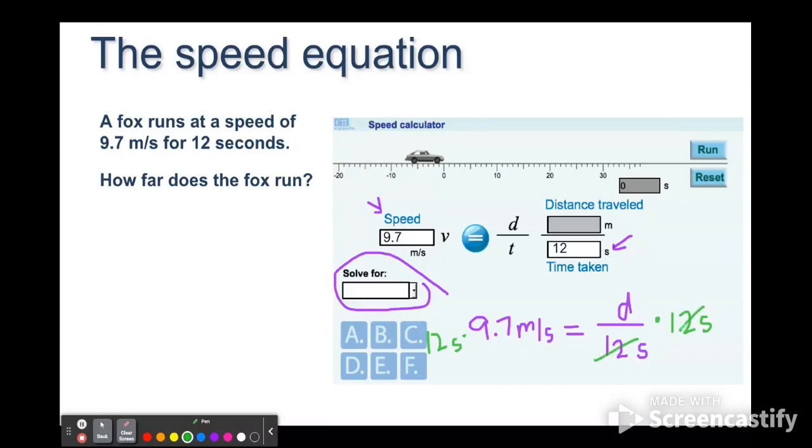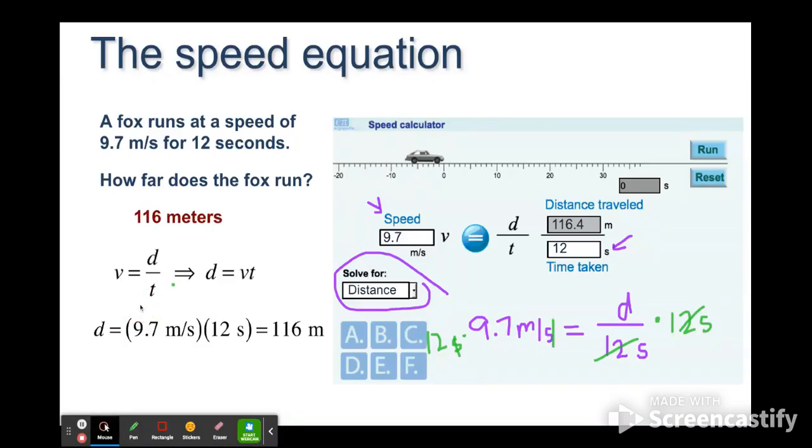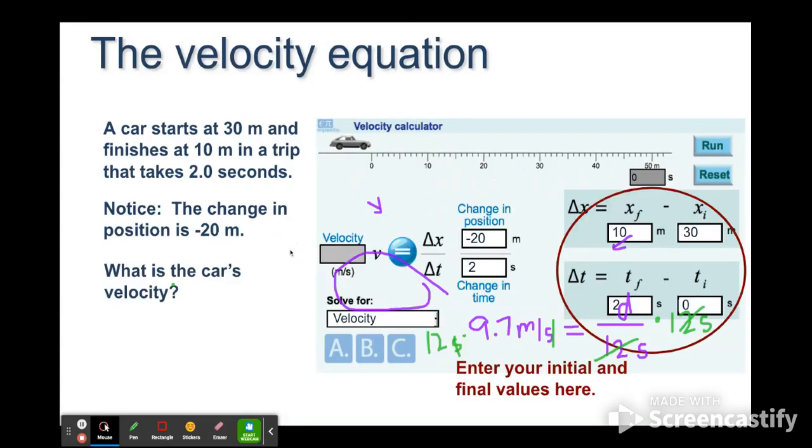These cancel out, leaving me the distance. So 12 seconds times 9.7 meters per second, and I cancel out the seconds. It's going to leave me with meters. Just like that. 9.7 meters per second times 12 seconds is 116 meters. And that's how we would solve for the distance.